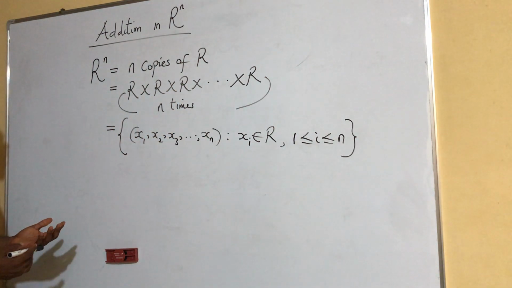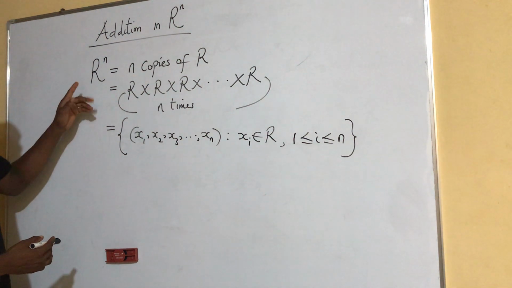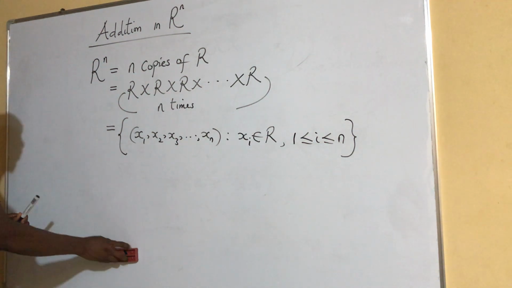Now how do we add elements of R to the power of n? This is how we add it.